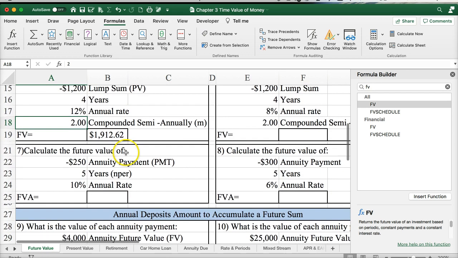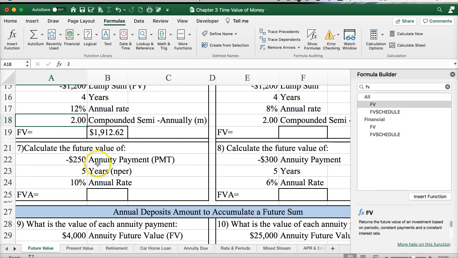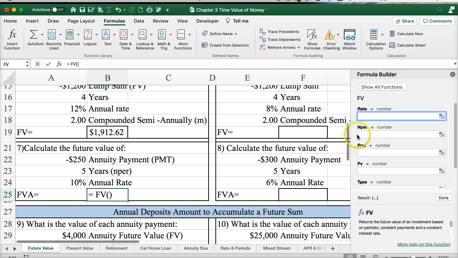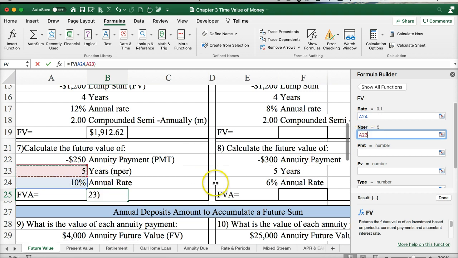Okay, so if we're going to do an annuity, we could use the future value still. So we're going to put in the rate, the annual rate. The nper, since it's annual, is just 5. And instead of using present value, we're going to use payment because an annuity is a cash flow.